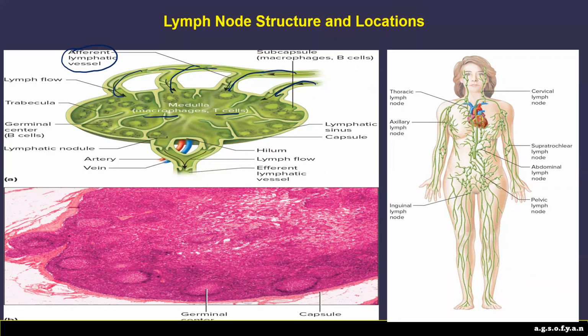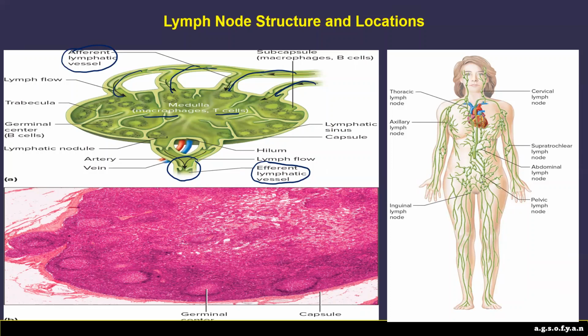Then the lymph that has been filtered will enter into a bigger lymphatic vessel, called the efferent lymphatic vessel, the one going out from the lymph node.